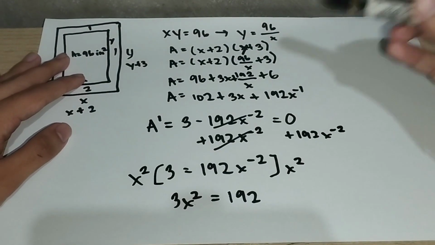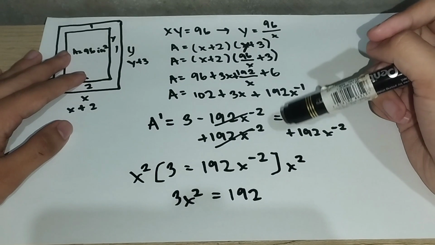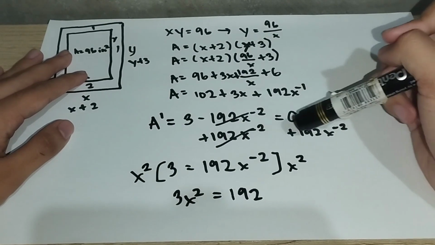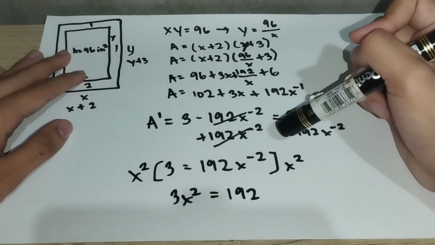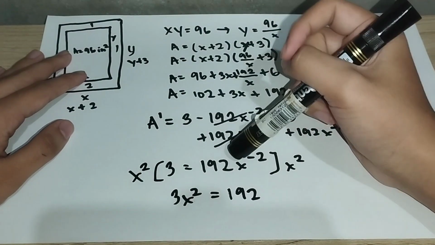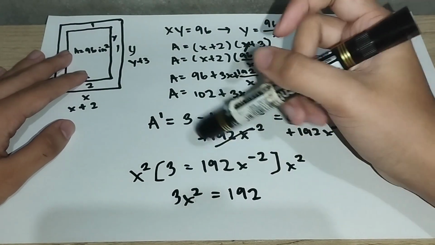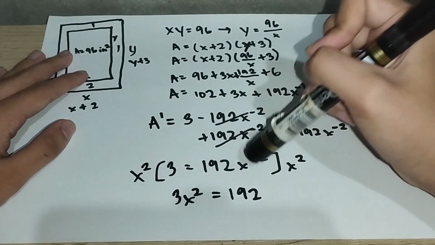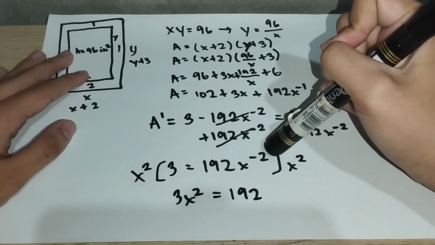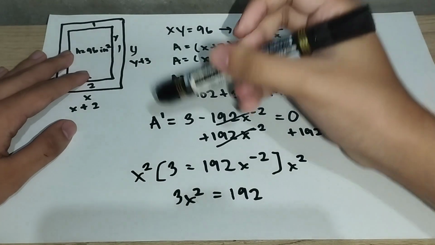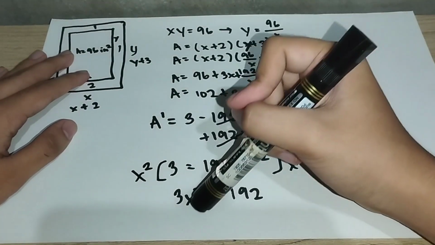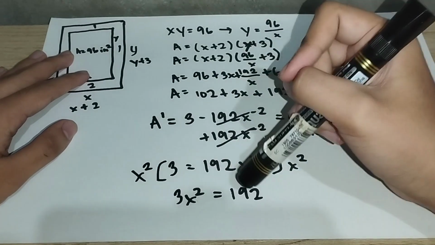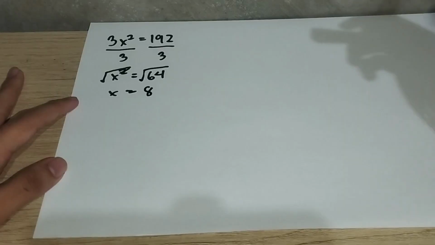Now let's add positive 192x raised to negative 2 on both sides to cancel like terms. So now we have the equation 3 equals 192x raised to the negative 2. Let's multiply each side by x squared. So we will have 3x squared equals 192.